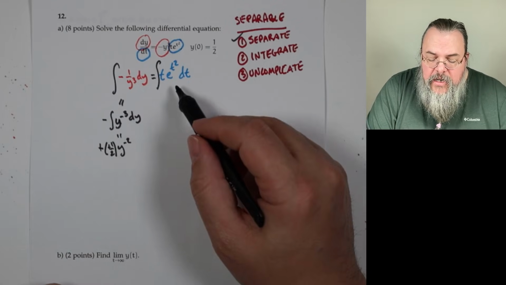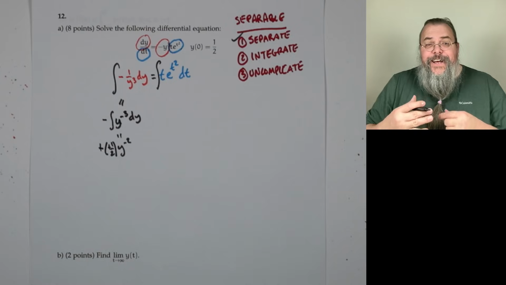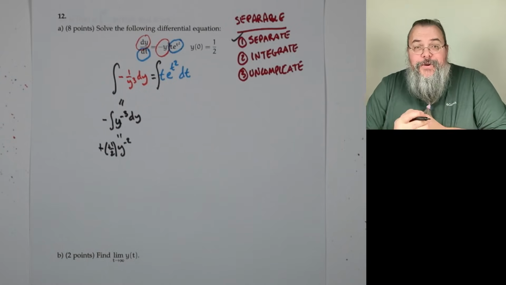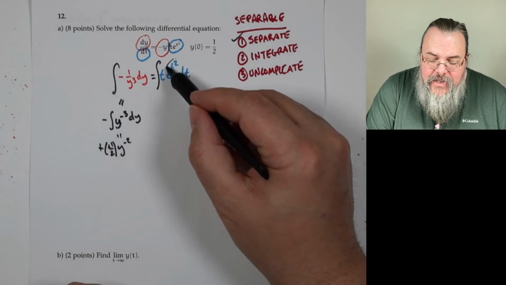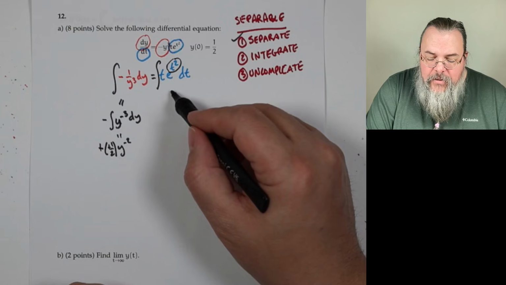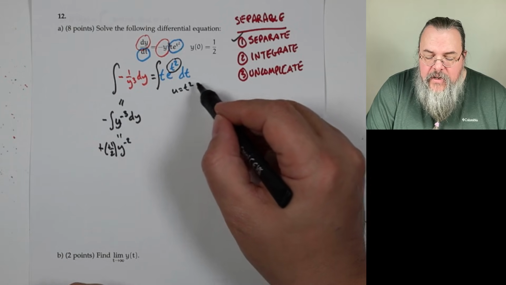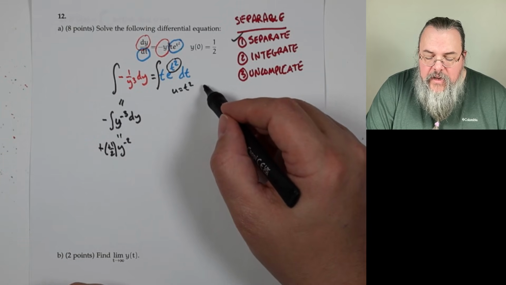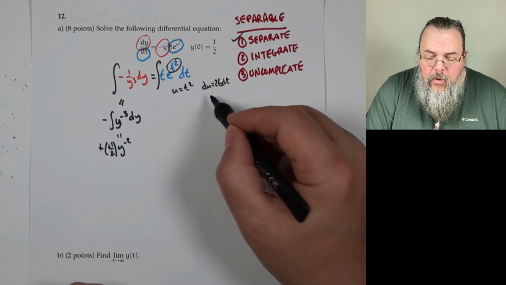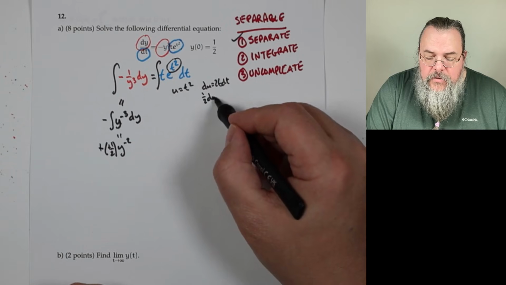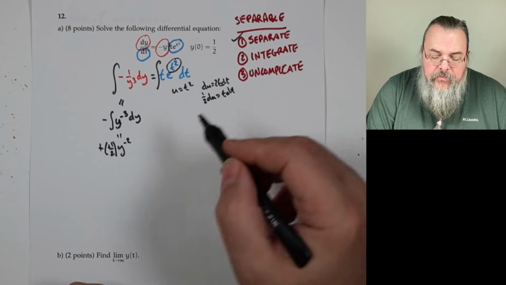Over here, t e to the t squared, how do we handle that? We'll do a classic substitution. We see a function on the inside, so we'll let u equal t squared, and that says that du equals 2t dt, or 1/2 du is t dt.